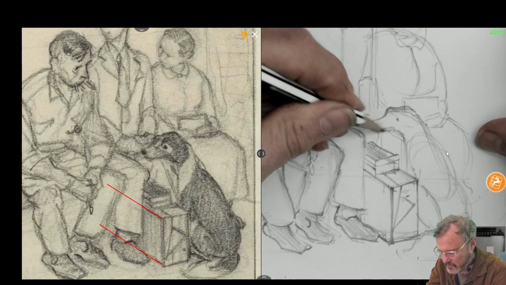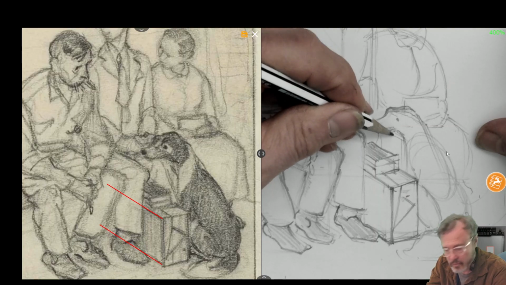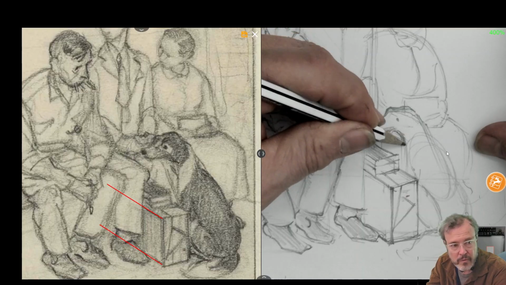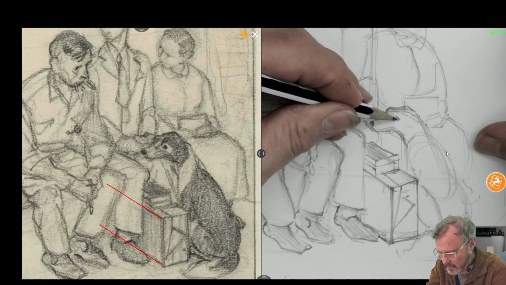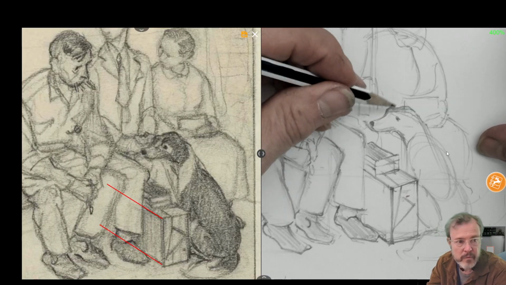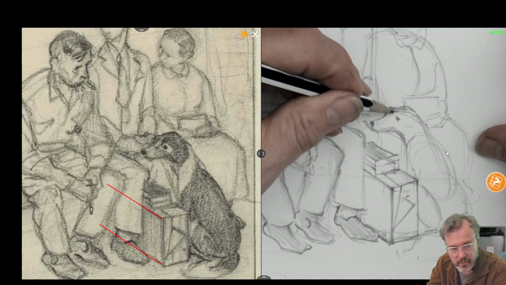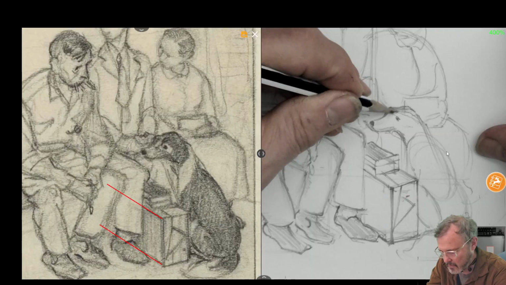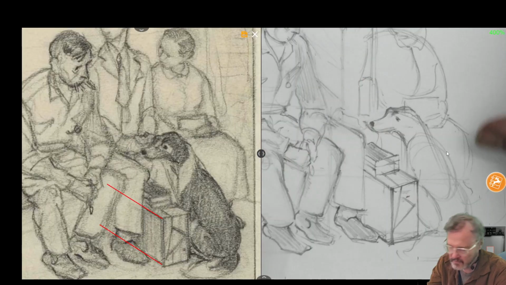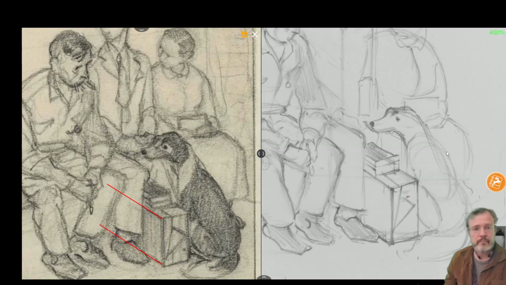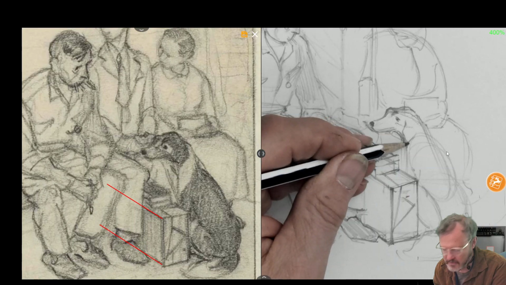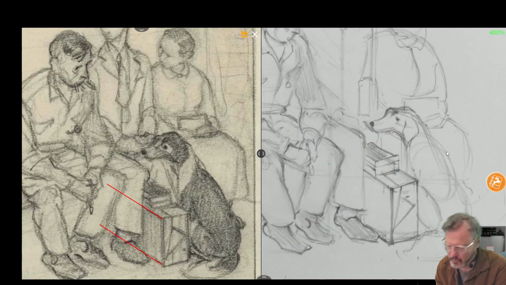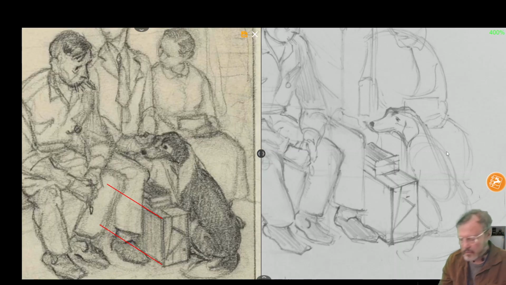There's the muzzle for him. And there's the brow on the other side. And there's the floppy ear. Much better.